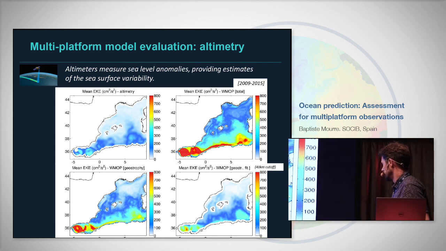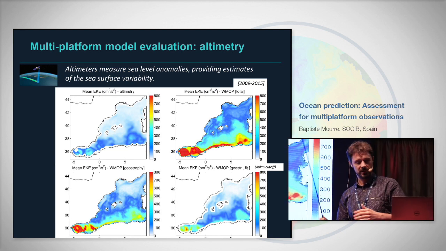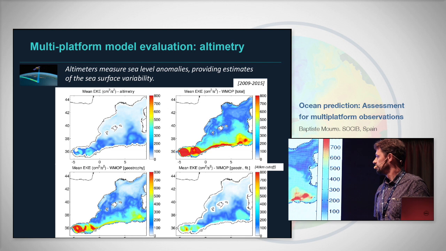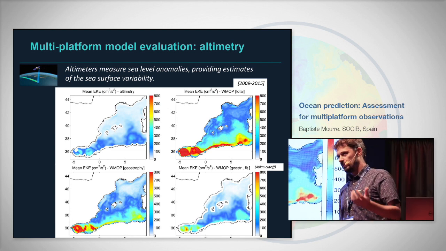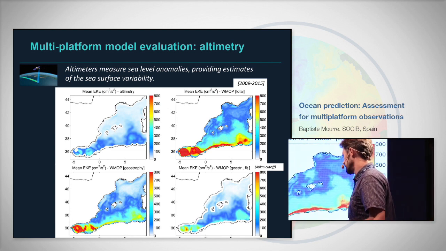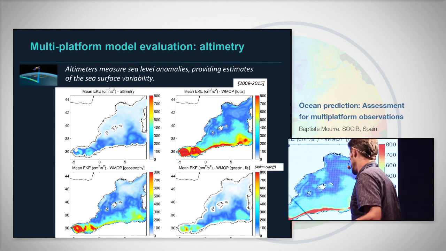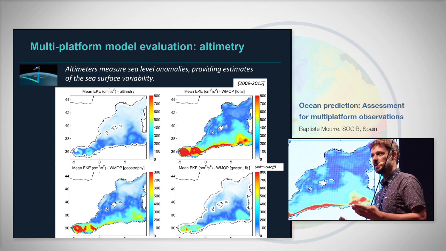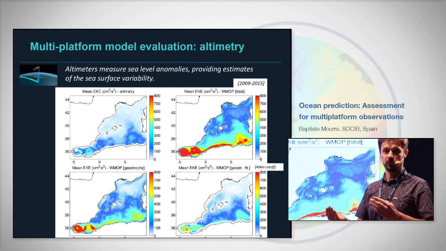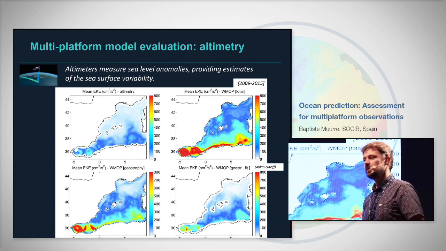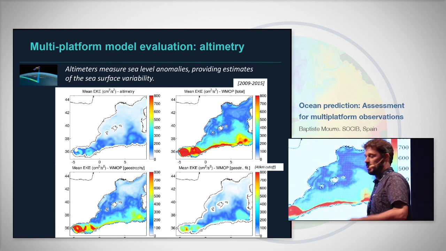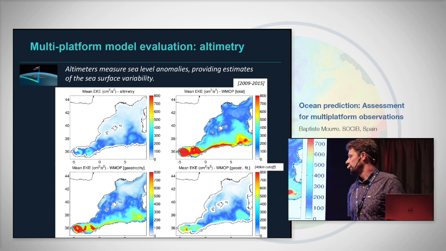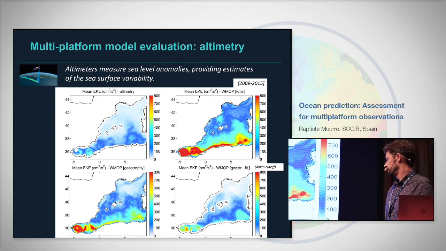Here there is still uncertainty on what is the good filter to apply. But the idea is that when you compare models and observations, you have to understand the representativity, and when you interpret the differences, they might be just due to the fact that you don't represent the same processes in the model and in the observations. So apply the right filter or do the right processing to compare things that are comparable.